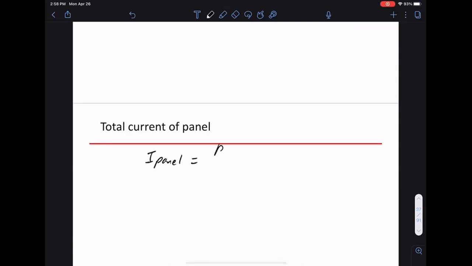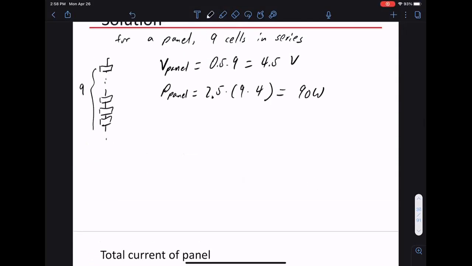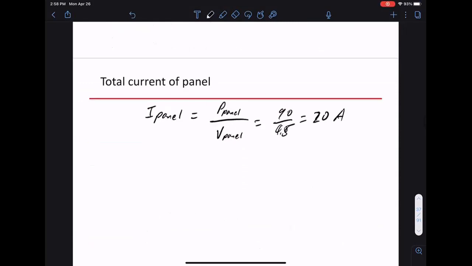Current is power over voltage, 90 over 4.5. This is 20 amps. If you view the entire panel as one big solar device, it's rated at 20 amps and 4.5 volts.